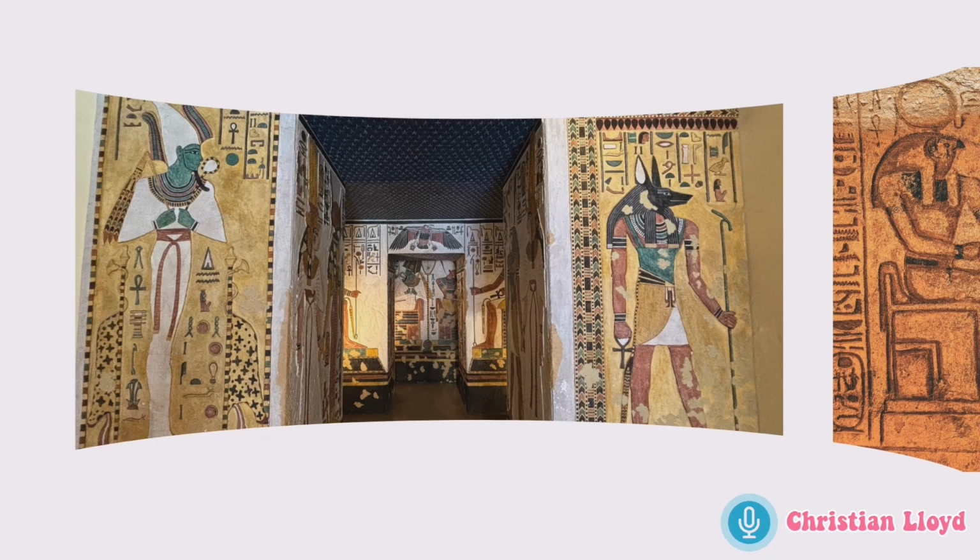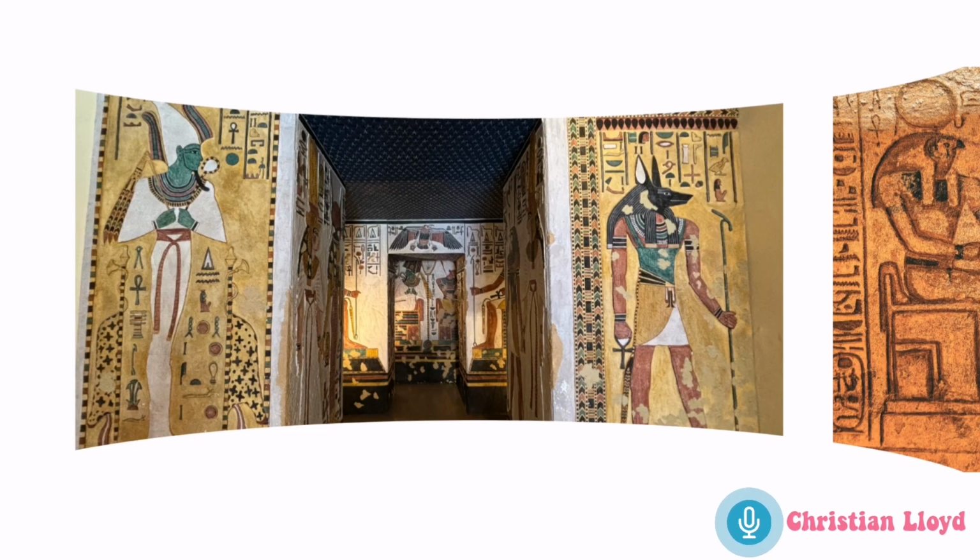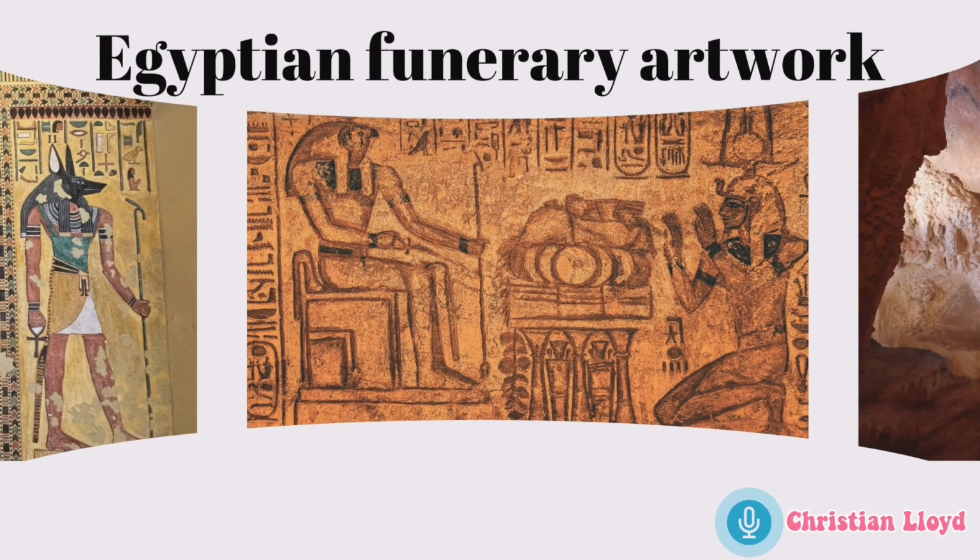Visual symbols originated from the earliest forms of human communication, long before written language existed. People created these symbols to represent their ideas, objects, and experiences in a simple, recognizable way. Here's where they started. This one, the Egyptian funerary artwork. Ancient civilizations and societies grew.